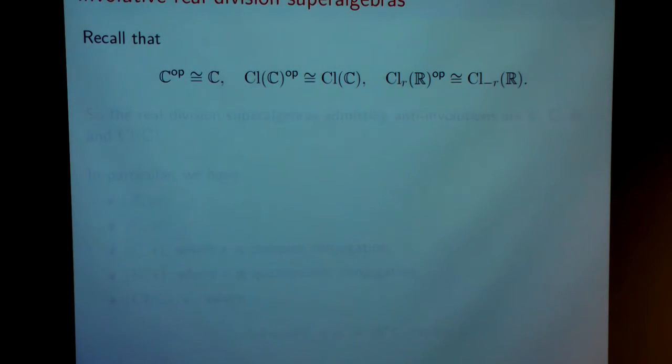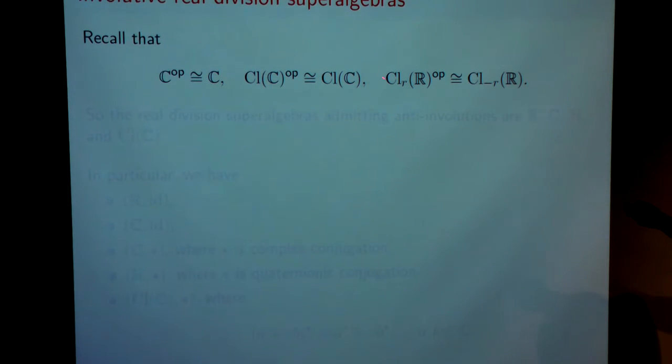So now let's look at our list of real division superalgebras, and let's see which of them have an anti-involution. So this is why I took a moment to tell you what the opposite superalgebras were, right? So the complex numbers and the complex Clifford superalgebra are isomorphic to their own opposite. That means there is a superinvolution. But for these real Clifford superalgebras, remember, when you took the opposite, you negated the subscript.